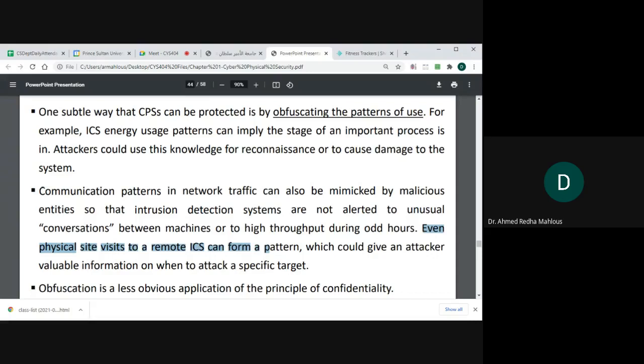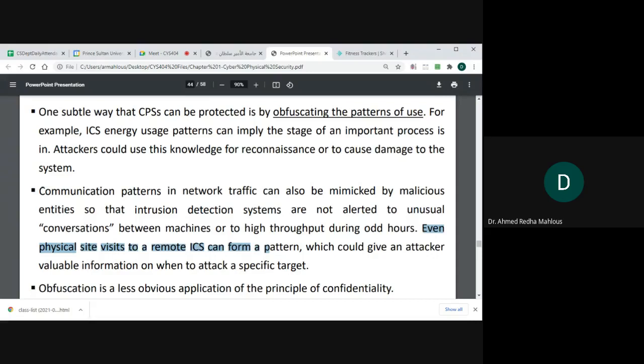Every Thursday there is a guy who comes to that machine, the Sahar, and takes the recording, whether it is a tape or however the data is stored. He will empty it, take the data on his laptop, for instance, and replace the tape with another tape. This is known as a pattern. It gives you an idea that every Thursday there is one guy who comes at a specific time to inspect that machine, that CPS. And this can be considered a pattern.